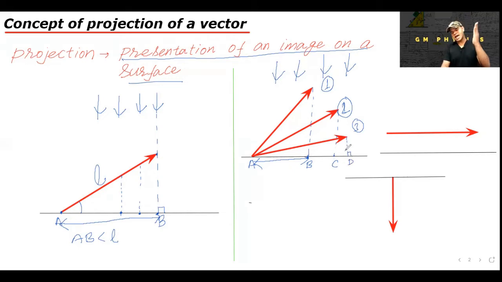So you see, as the arrow is moving towards becoming parallel to the surface, the image length goes on increasing. And in the extreme case, when the arrow becomes completely parallel to the surface, the light rays are traveling like this.